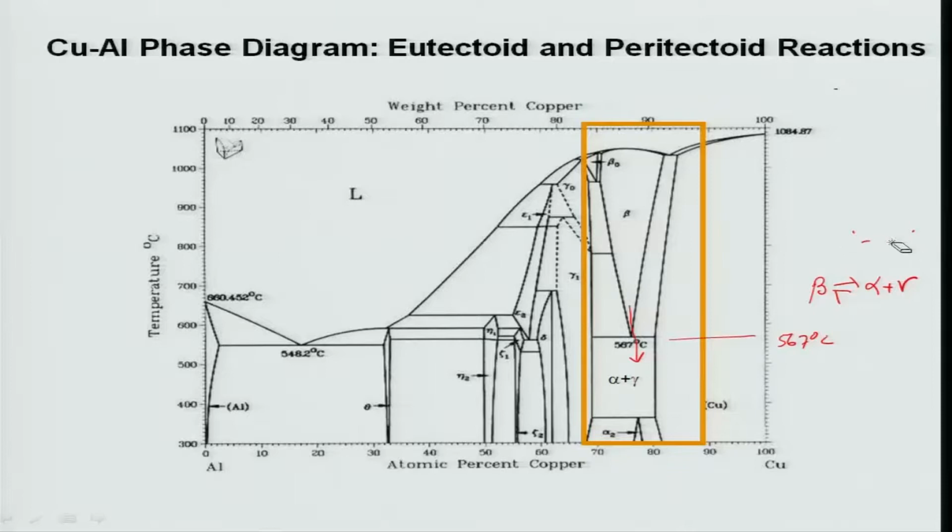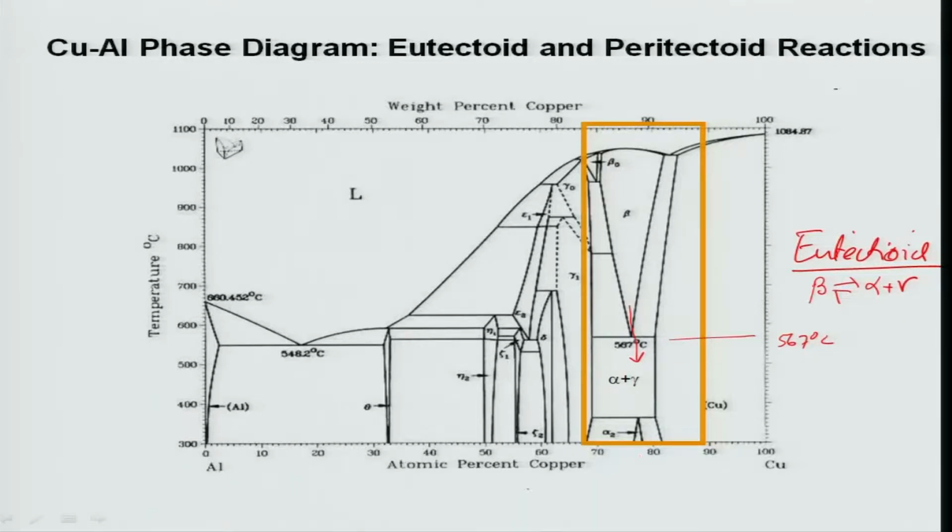Okay, I am just making a mistake. Eutectoid reaction: you can see here, one phase beta is transforming into two solid phases, alpha plus gamma, at 567 degree Celsius temperature, and this happens at about 75% of copper in aluminum copper alloy.